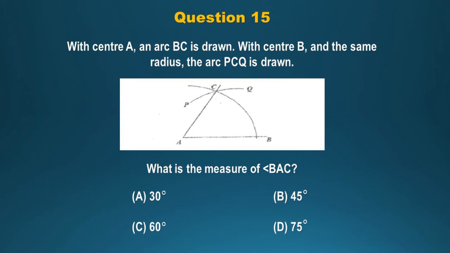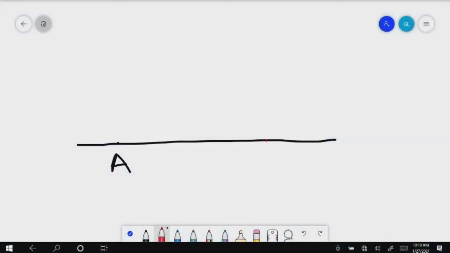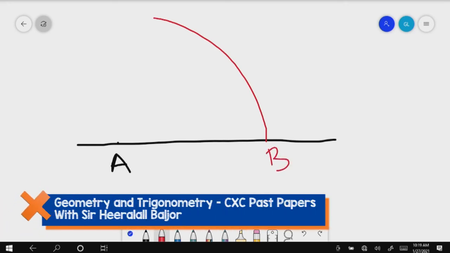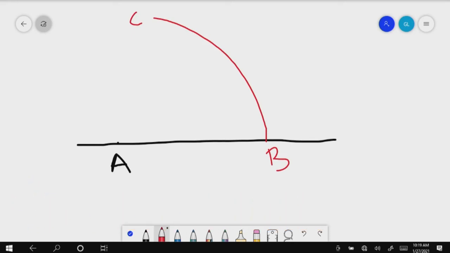With center A, there we have a point A, an arc BC. So we're placing our compass point at A and we're scribing an arc. Same length, they tell us. So this is B, this is C. We don't know how far BC is. They say with the same radius as AB is the radius that we're going to mark PQ with.